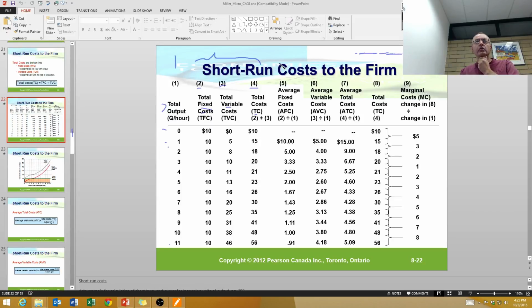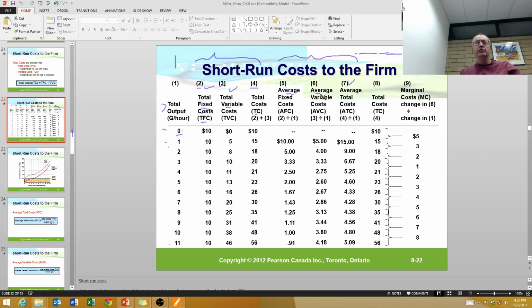And then we go and calculate all these costs on an average basis. So we simply divide the fixed costs, the variable costs, and the total costs by the number of units. So for average fixed costs, we have column 2 divided by column 1.